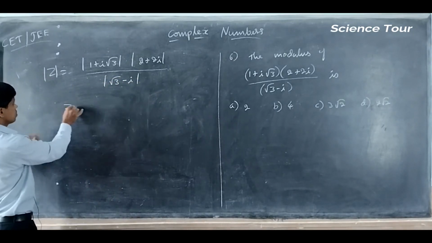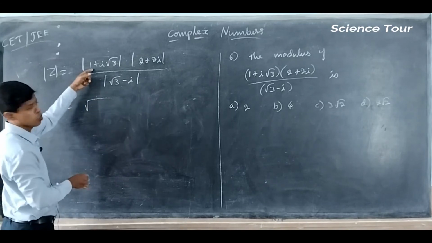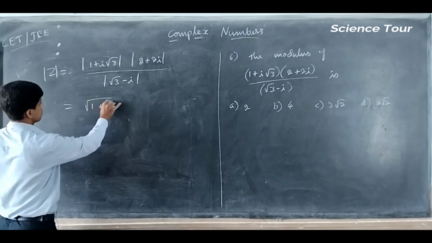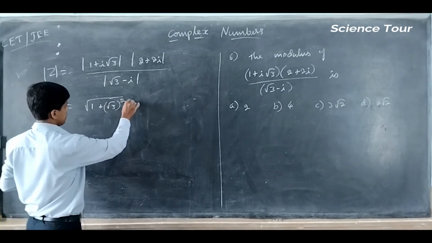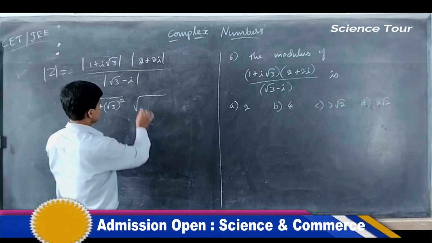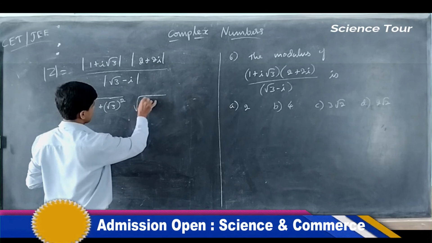So what is the modulus of this? Square root of 1 square plus root 3 square into root 4, 2 square, let me write it.